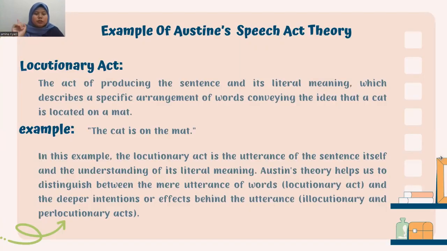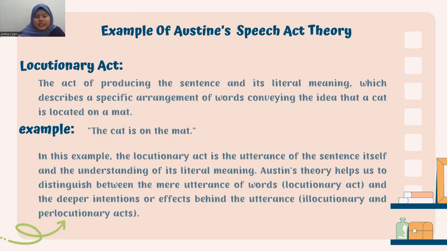Now, moving to the first theory, that is locutionary act. This is the act of producing the sentence and its literal meaning, which describes a specific arrangement of words conveying the idea that a cat is located on a map. The sentence is the cat is on the map.